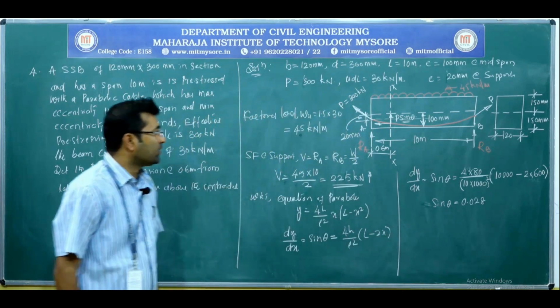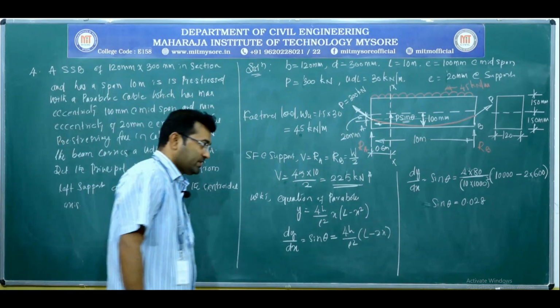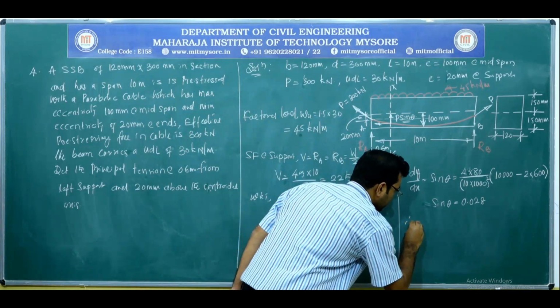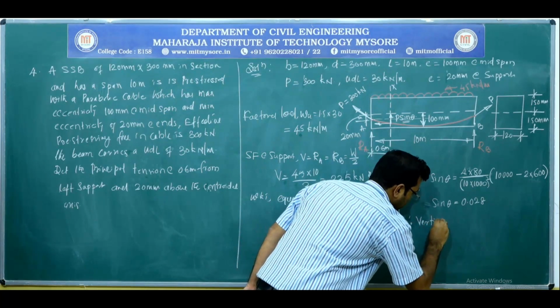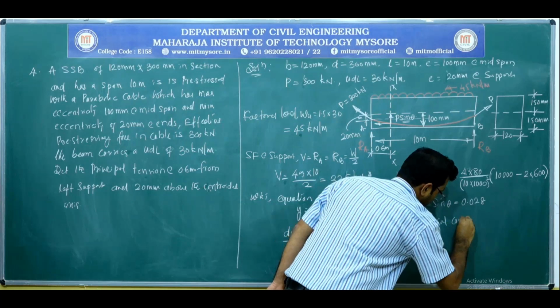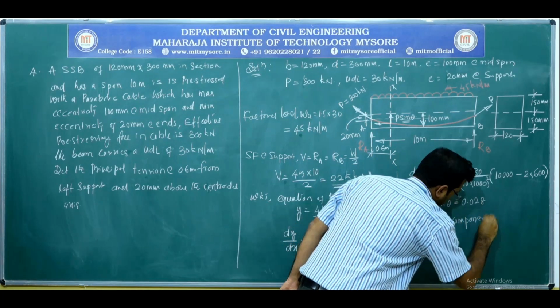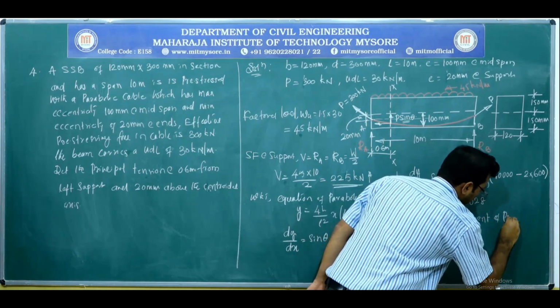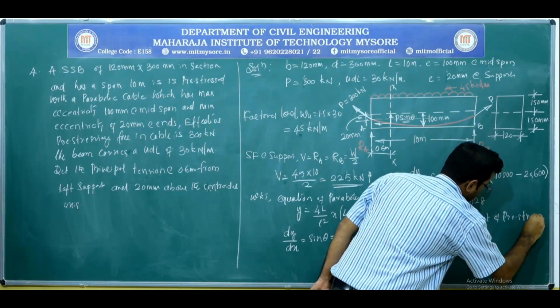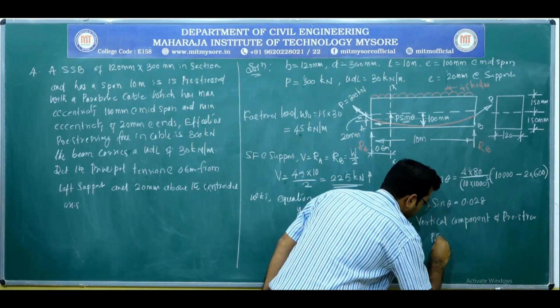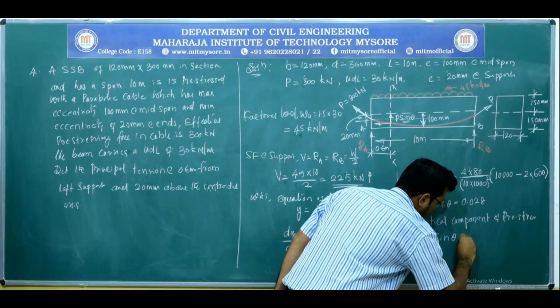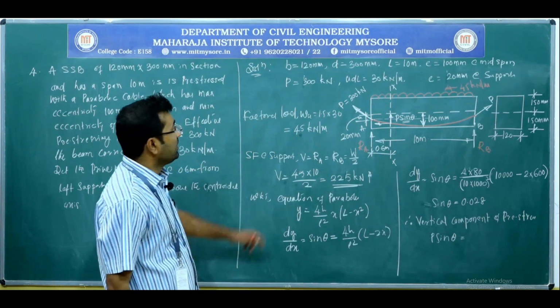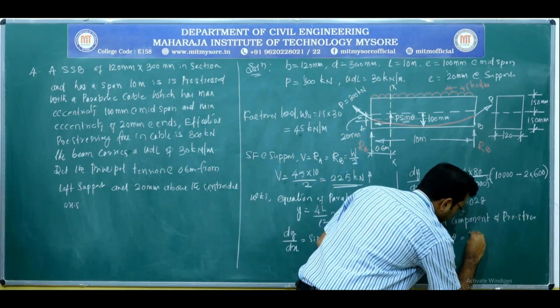Now using this, we have to calculate the vertical distancing. Therefore, the vertical component of pre-stress, that is P sin theta. So P is how much? P is given as about 300 kilonewton.